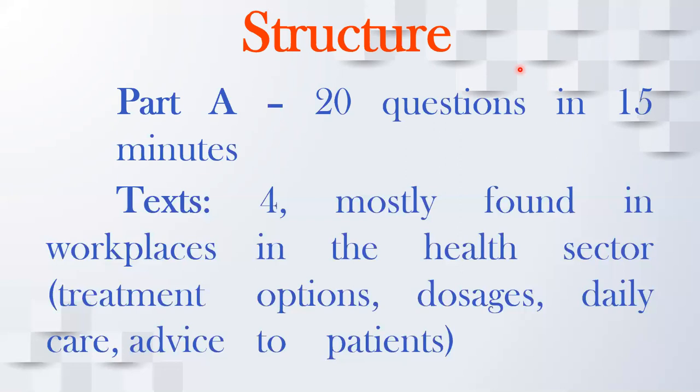You need to be able to master speedy reading to be able to take care of questions in part A, and they go a long way to determine your overall score, because if you're unable to get a good number of the questions right in part A, then you're not likely to do very well in the subtest, because comparatively part A is the easiest to be answered, and so you need to make sure that you get a good hold of this part before you can get a good score.